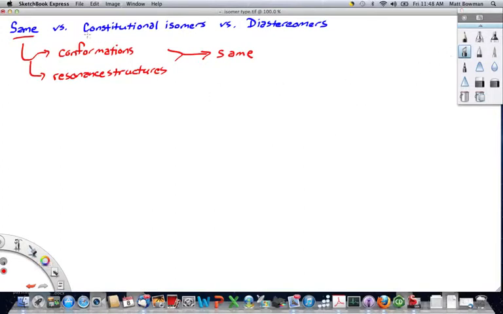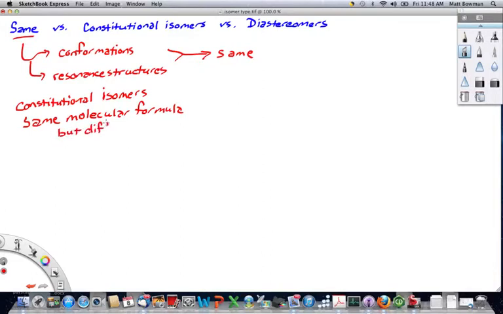Now, constitutional isomers. Constitutional isomers have the same molecular formula, but different connectivity.